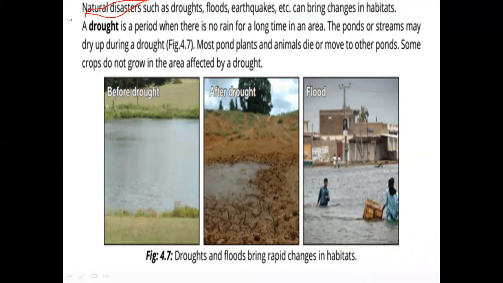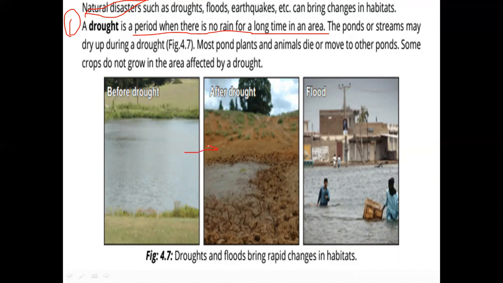So if we see number one, that is drought. What is drought? Actually, this is the period when there is no rain for a longer period of time in an area. So what will happen? Water will evaporate, or it will be completely vanished from that place. So the soil or the ground area gets cracked and dried off due to less or no water.